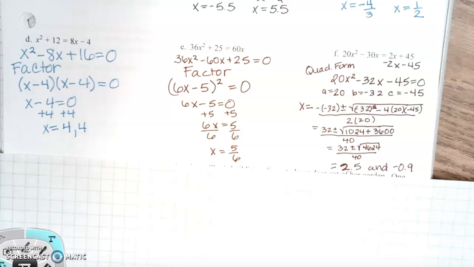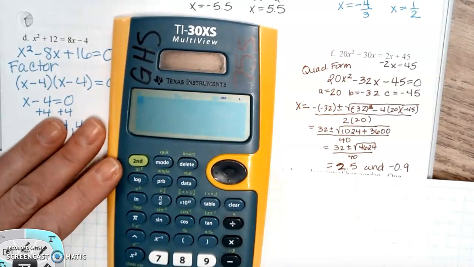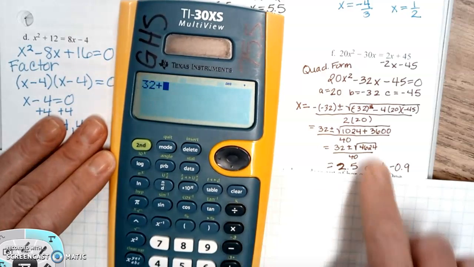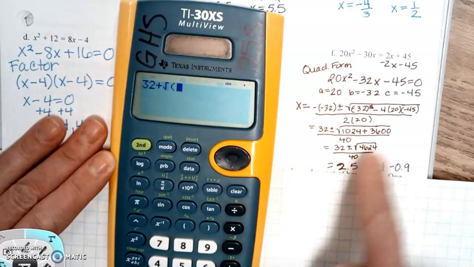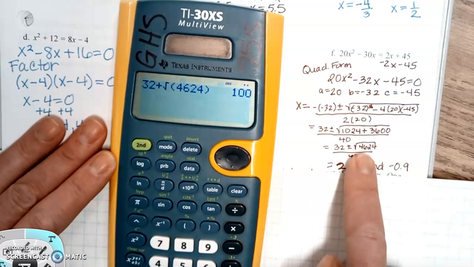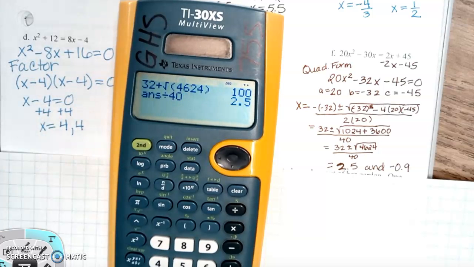So let me show you how to type it in the calculator, just like I did yesterday. So let's do the plus first. So 32 plus the square root of 4,624. Hit the equal sign. Then we're going to divide it by the denominator of 40. That one turns out to be exactly 2.5.